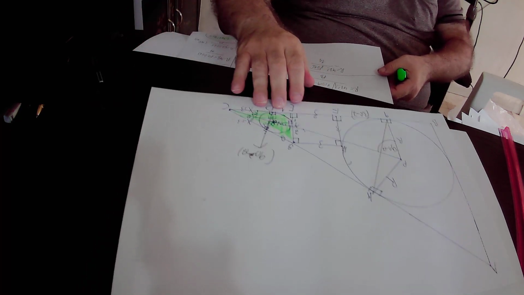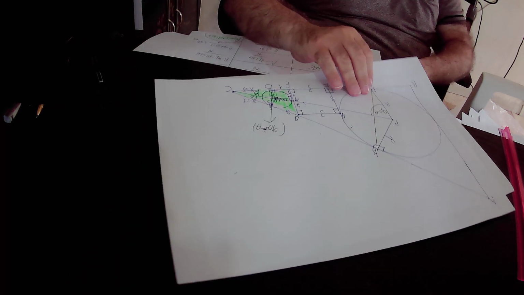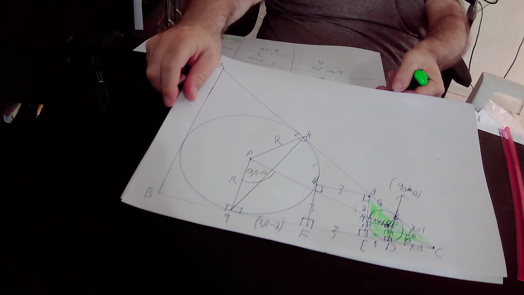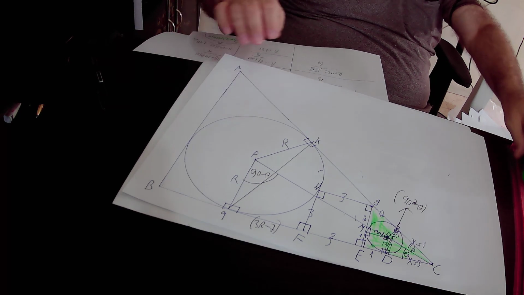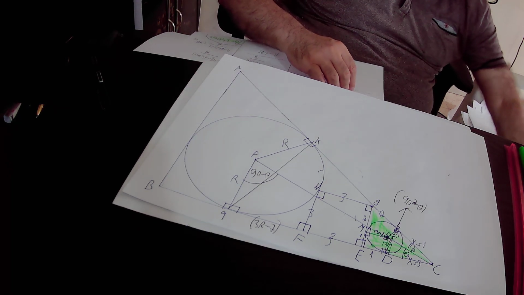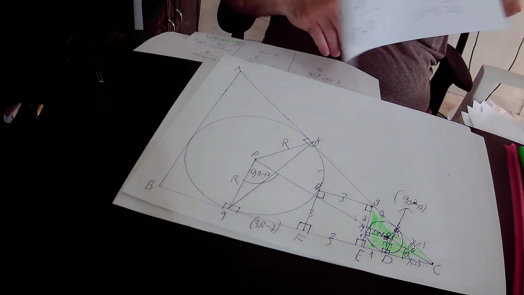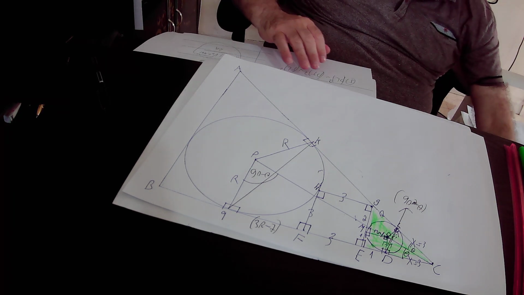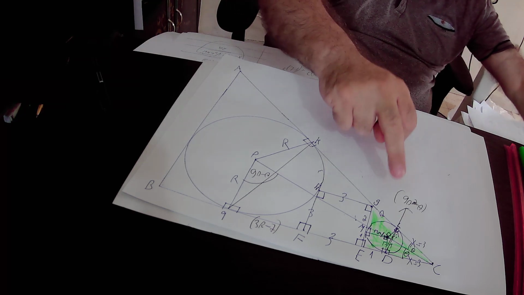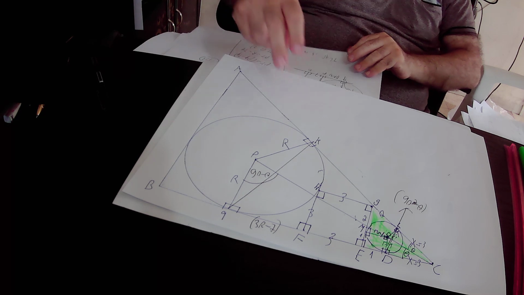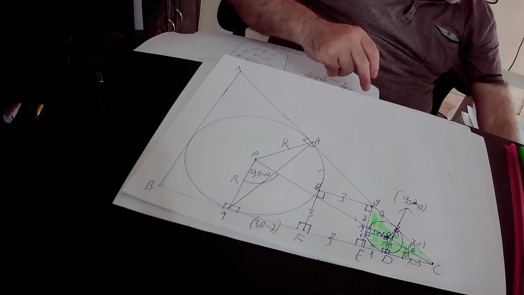So in the drawing we have a big triangle. Inside the big triangle we have 2 circles and a square. We know that the side length of the square is equal to 3 units, and the radius of this small circle is equal to 1 unit, and our mission is to find out the radius of the big circle.